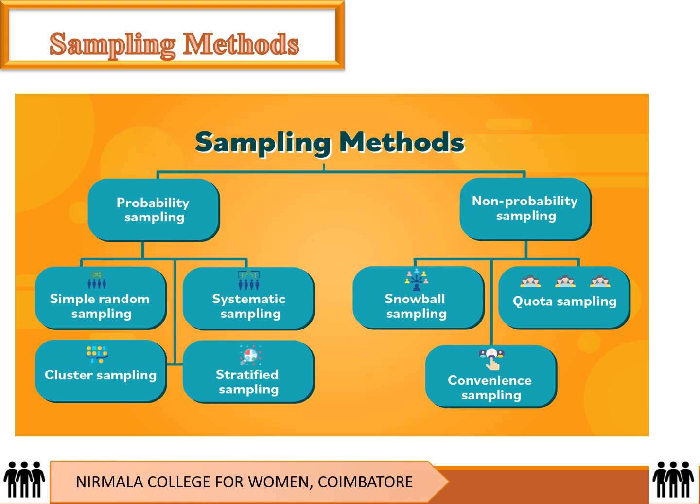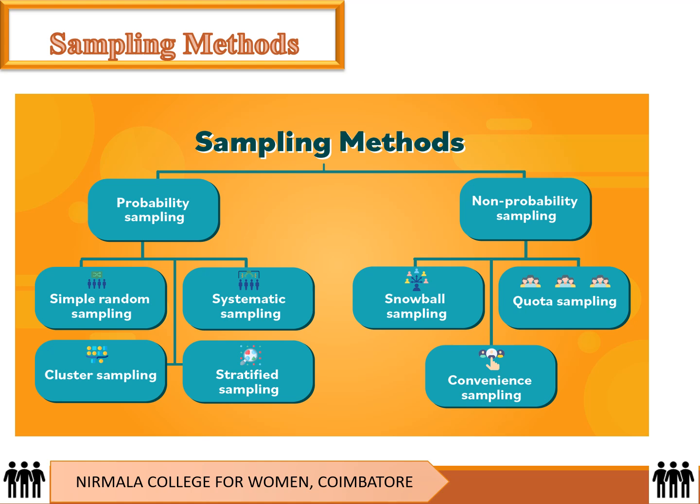So all the eligible individuals have a chance of being selected in the sample from the whole sample space, and it is more time consuming and expensive than non-probability sampling. The benefit of using probability sampling is that it guarantees the sample is representative of the population.